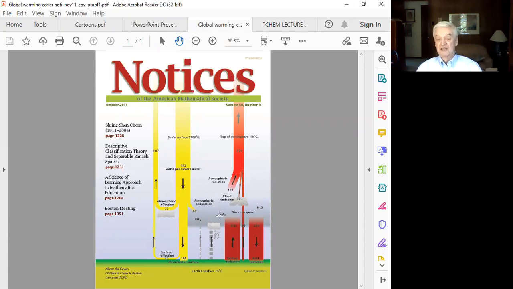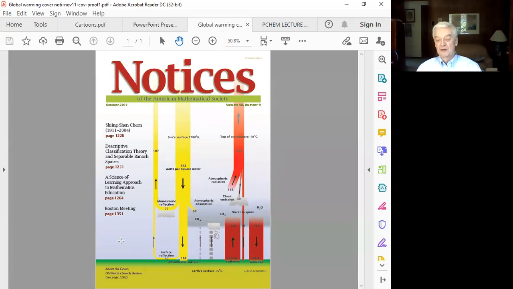That which is still trying to escape the Earth will hit some more CO2 molecules. Again, it'll be absorbed and emitted back to Earth. So the net effect, as I've said before, is the Earth is about 15 degrees centigrade warmer than it would be if we didn't have this greenhouse effect, this global warming effect taking place.